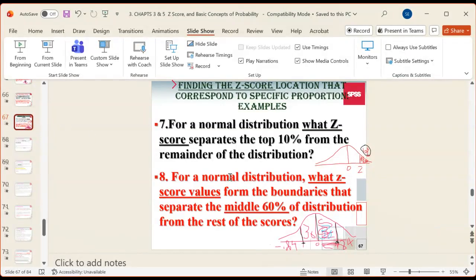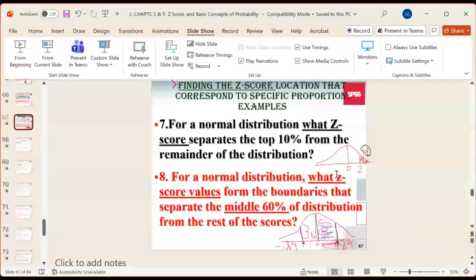And these are a little different. Now they're asking for the z-score. It says, what z-score separates the top 10% from the remainder of the distribution?